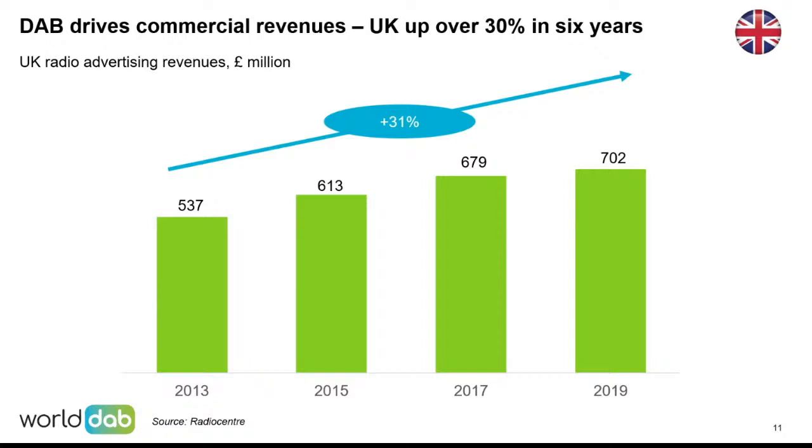The key driver of that was the growth of the national brands, which really impacted audiences, but critically, it impressed the advertisers. They could see that this was a dynamic sector and a sector that they were interested in supporting and getting behind. And it's really come through to the bottom line.